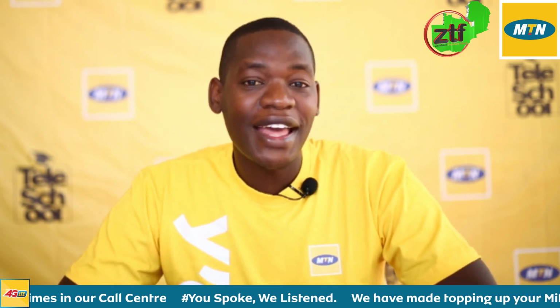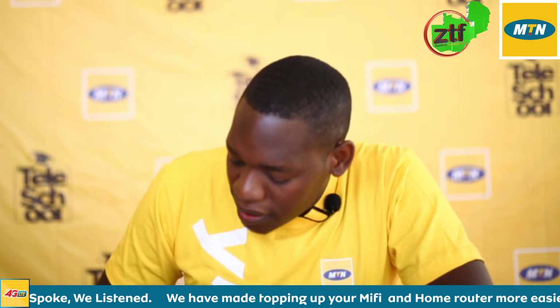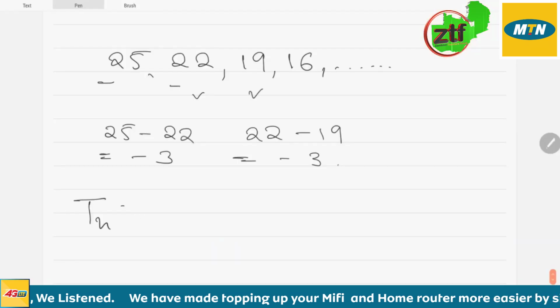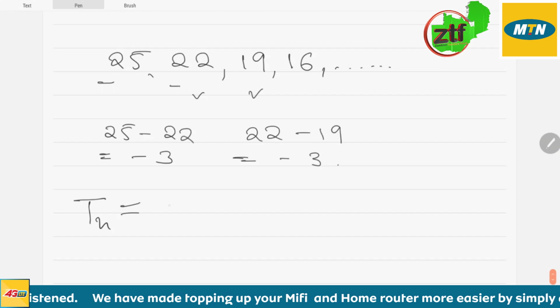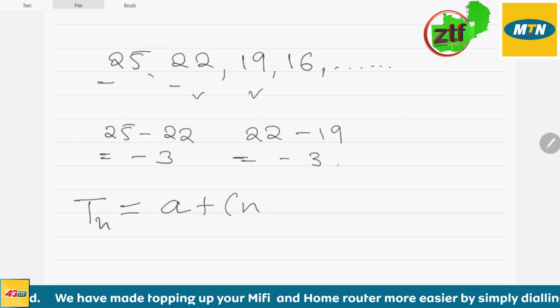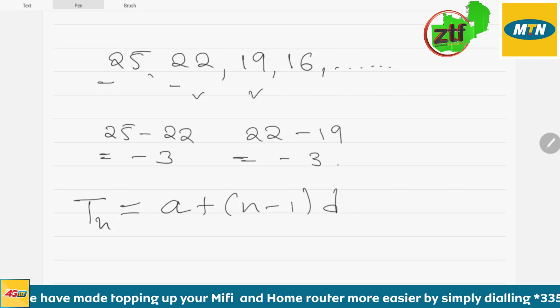Now, what do you need to know in order to answer questions on arithmetic progression? You need to know how to find the nth term of a progression. So, how do you find the nth term of a particular progression? We know that the nth term of a sequence will be given by a plus n minus 1 d.